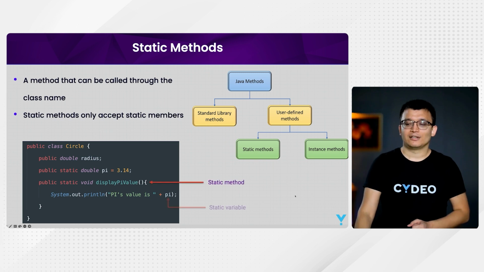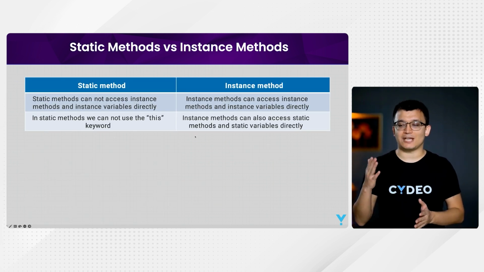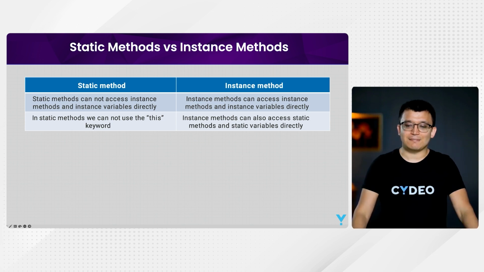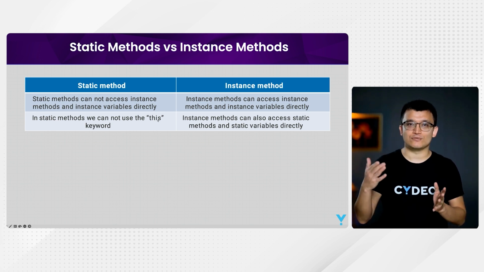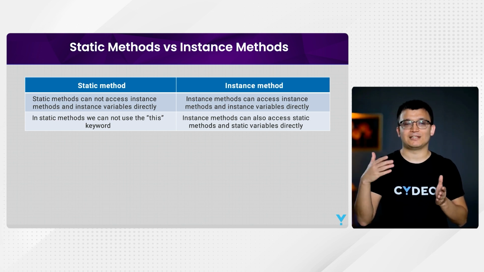And here is a little comparison between static methods and instance methods. Static methods cannot access instance methods and instance variables directly. But the instance methods can access the instance methods and instance variables directly. And inside a static method, we cannot use the this keyword, because the this keyword is used for calling the instances, and a static method does not accept the instances.